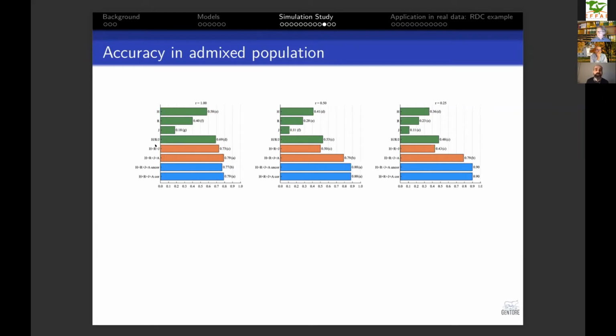When we combined data from the pure breeds, then we also got high accuracies, but that is limited to only the scenario where we have identical SNP effects.